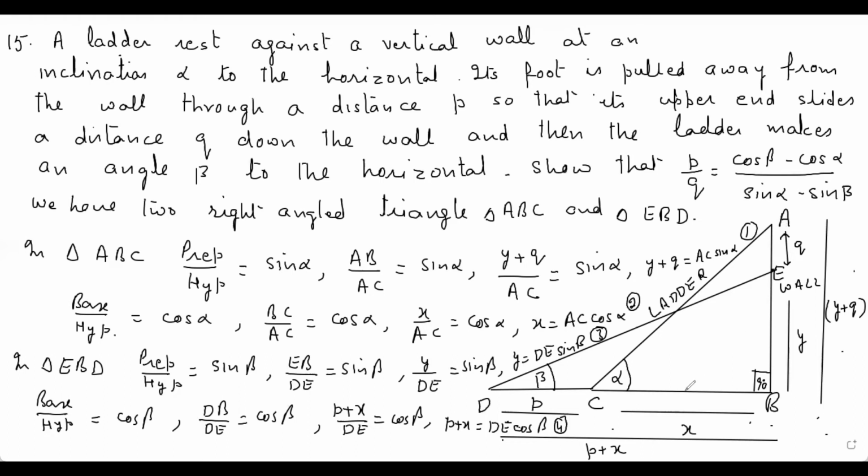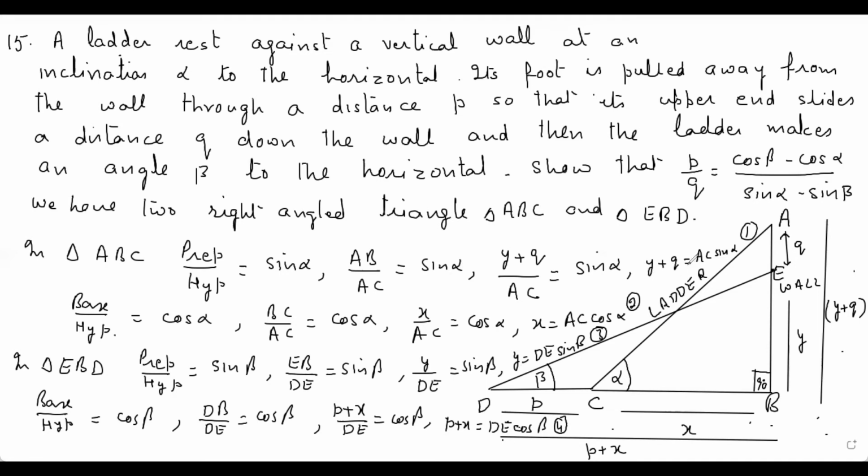Then base upon hypotenuse, where base is BC and hypotenuse is AC. In the second triangle EBD, again perpendicular upon hypotenuse, where perpendicular is EB and hypotenuse is DE, and then base upon hypotenuse, where base is DB and hypotenuse is DE. So I have four equations.